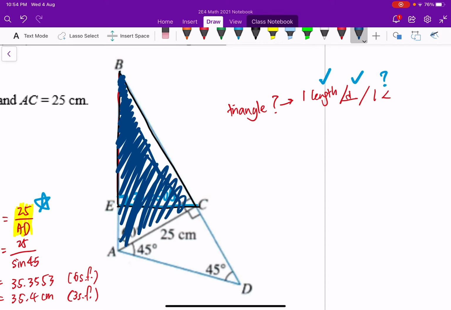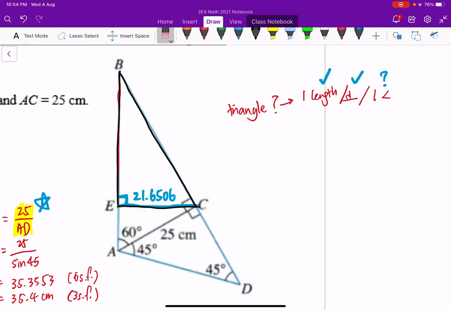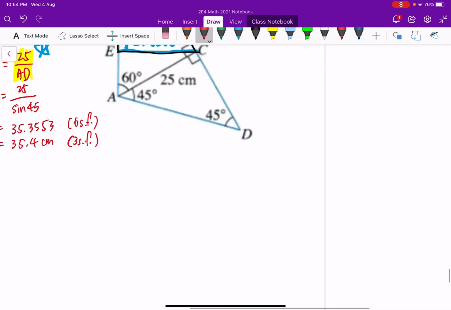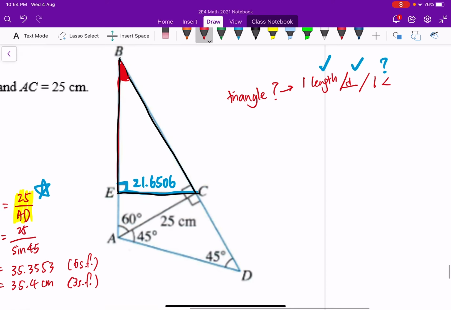This triangle here, can you see it? In this big triangle, I can apply the angle sum of a triangle to find out this angle here.